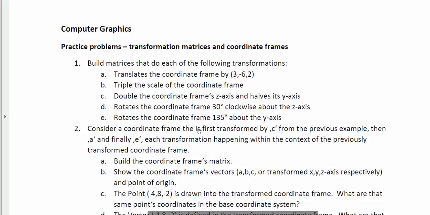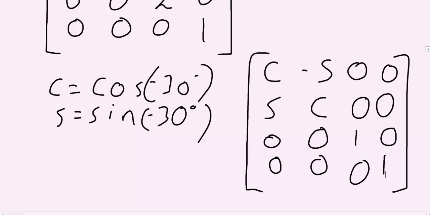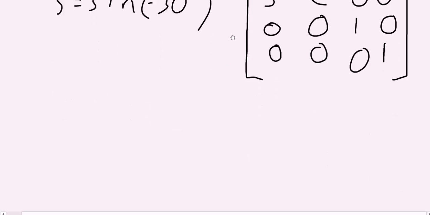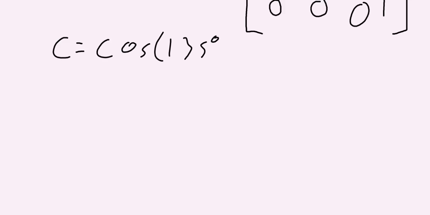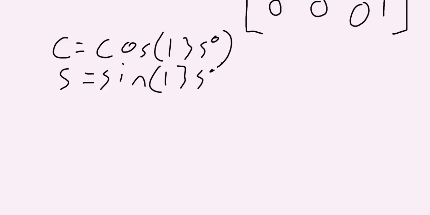Alright, so final part here, rotates the coordinate frame 135 degrees about the y-axis. So then we simply have to remember what the rotation around the y-axis looks like. So again, we'll just say C equals cosine of 135 degrees, S equals the sine of 135 degrees.